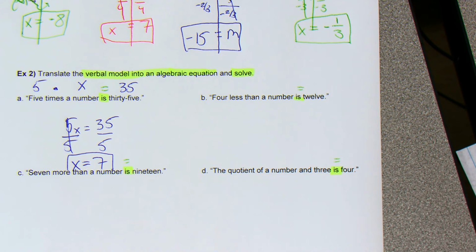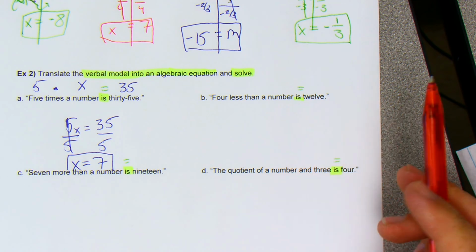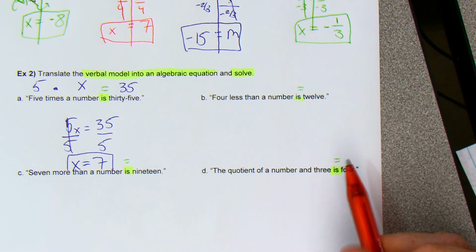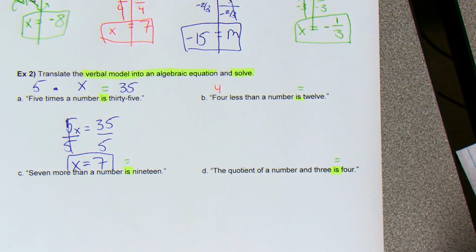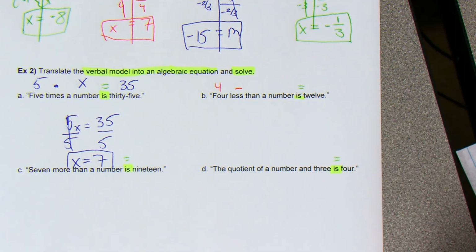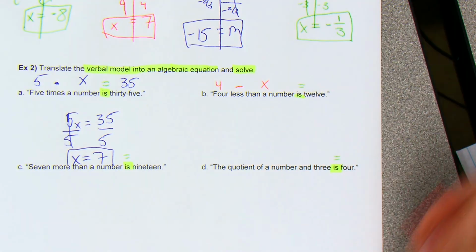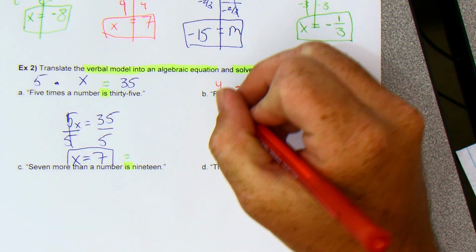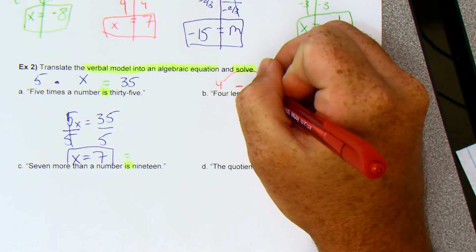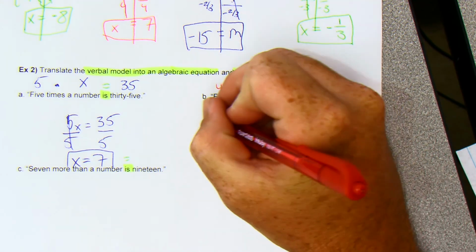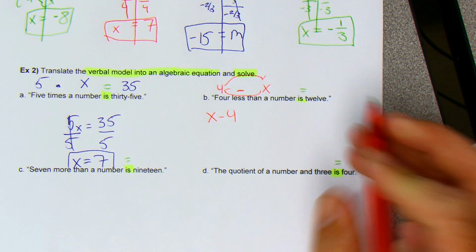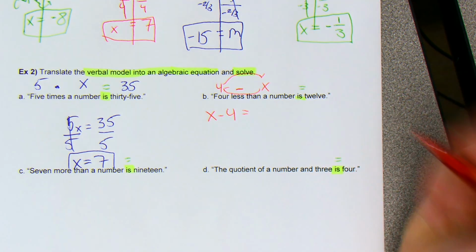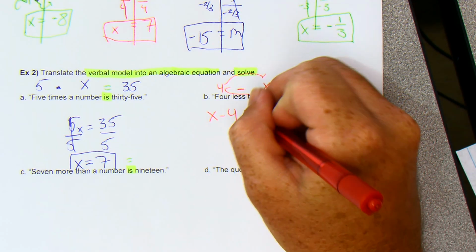So let's do this one in a different color. We have 4 less than a number is 12. So I know I have 4, and when it says less than, I'm going to be doing subtraction, and we'll use x. But remember our big rule: anytime we see more than or less than, we have to switch the position of our variable and our constant. So instead of 4 minus x, I will have x minus 4, and then equals, because that's what "is" means, and 12.